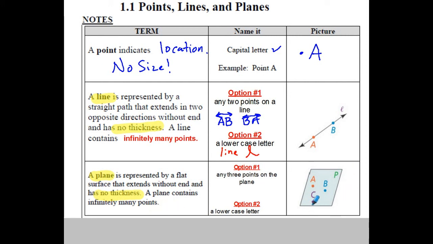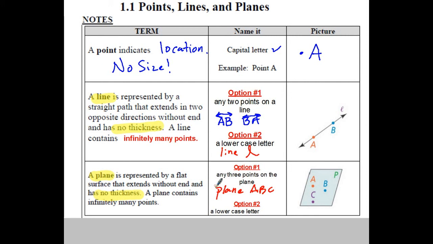And let's start with option 1 of how to name it. Any 3 points on the plane is one way you can name it. So if we choose the 3 points here, A, B, and C, we can call it plane ABC. So we just write the word plane and then the letters A, B, and C. Is there a symbol for this?